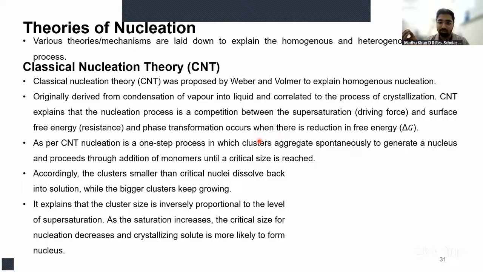That is where we start calling them nuclei. This proceeds until the critical size is reached, and whatever clusters are smaller than this critical size, also called critical nuclei, dissolve back in solution. Those clusters which can grow above the critical size proceed with the crystal growth phase.